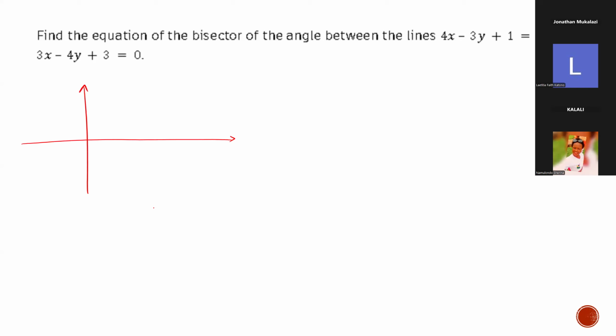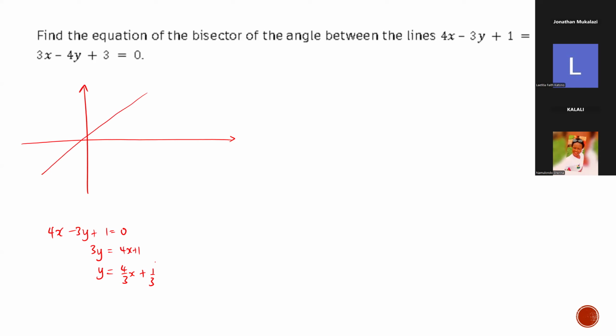We have two lines. 4x minus 3y plus 1 is equal to 0. It's the same as 3y is equal to 4x plus 1, so y is equal to 4 over 3x plus 1 over 3. So this line goes through 0, 1 over 3, and its gradient is 4 over 3. So something like that.